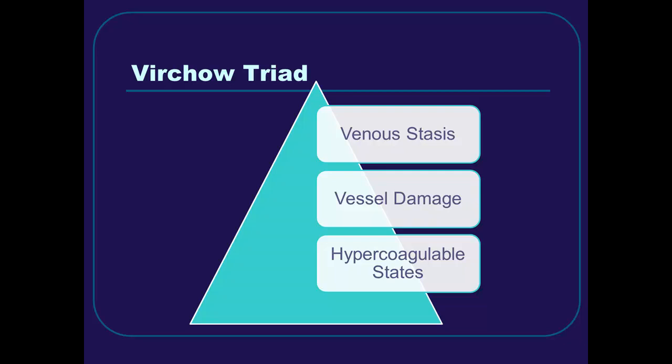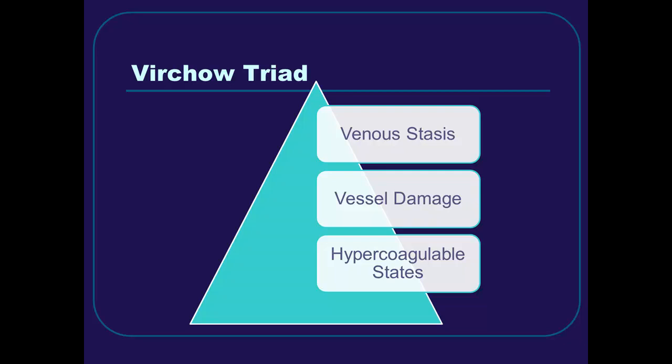What about individuals who are obese? Pregnant women, yes. The second part of the triad is damage to the vessel. And remember, we're thinking about damage to the endothelium. Remember that vessel injury activates that intrinsic pathway that is going to amplify the extrinsic.